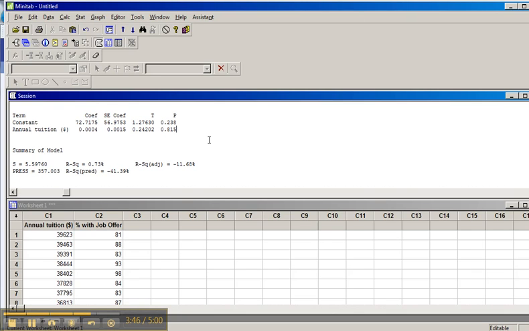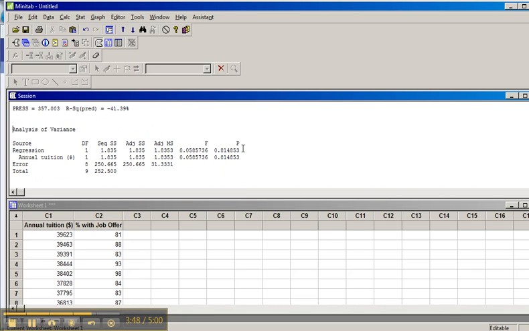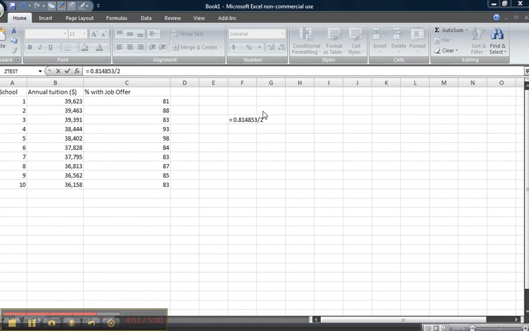These are the same when you're dealing with linear regression. So what I'll do, I need to take this p value and divide it by 2. The reason for that is just the way Minitab runs the output. So I'm going to type this in Excel and divide it by 2. Okay, here's the value up here divided by 2. Hit enter. So my value is 0.4074.